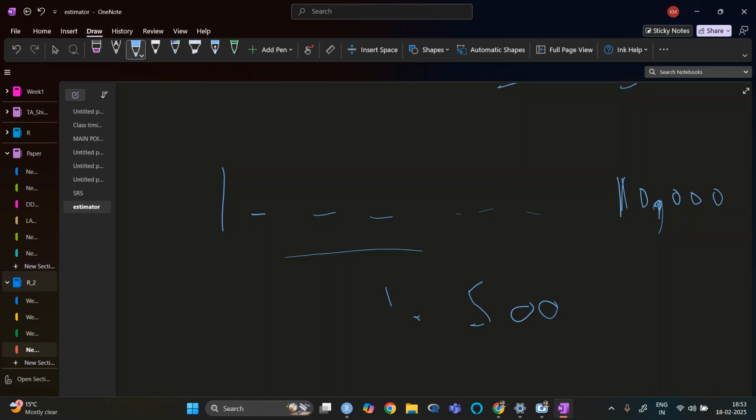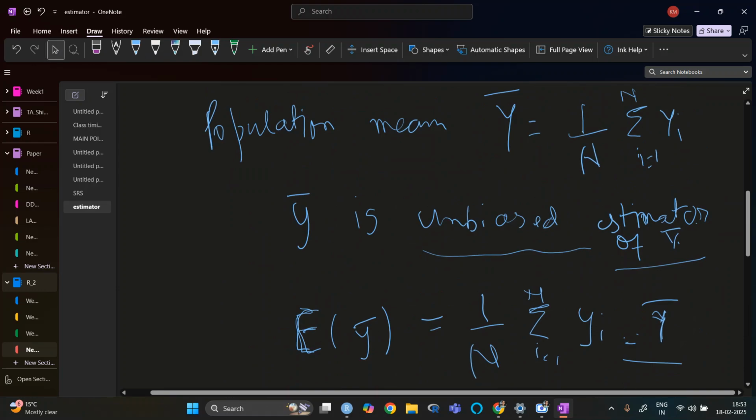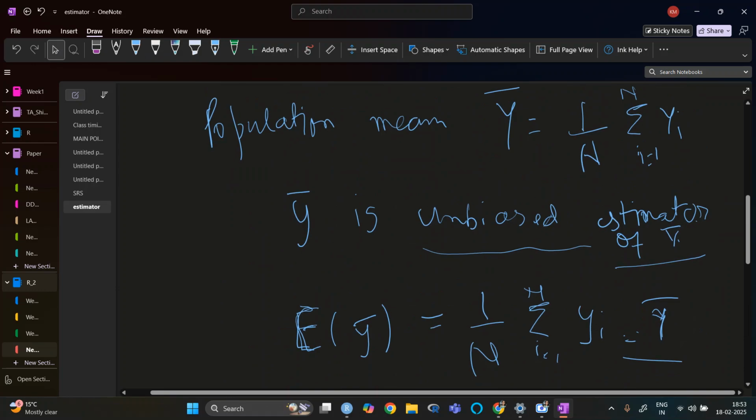Whatever sample mean it gives will never be equal to the population mean, or even nearby, because it is very different. So this is the unbiased estimator of this y bar.